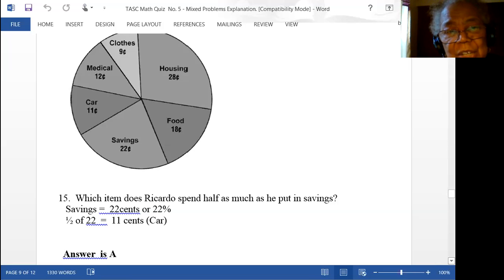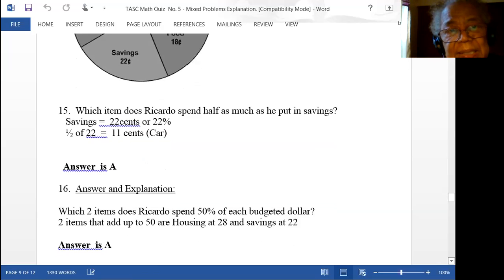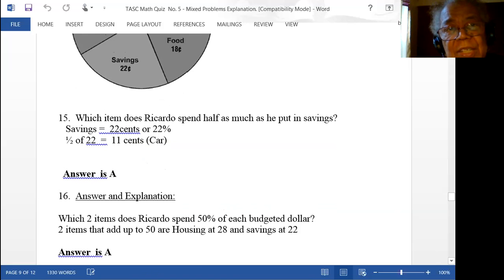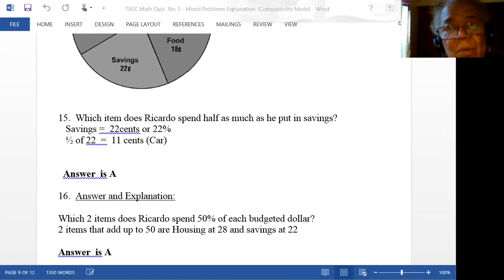Using that same chart, let's go to number 16. Which items does Ricardo spend 50% of each budgeted dollar? Now let's look again at our pie chart, find out what adds up.